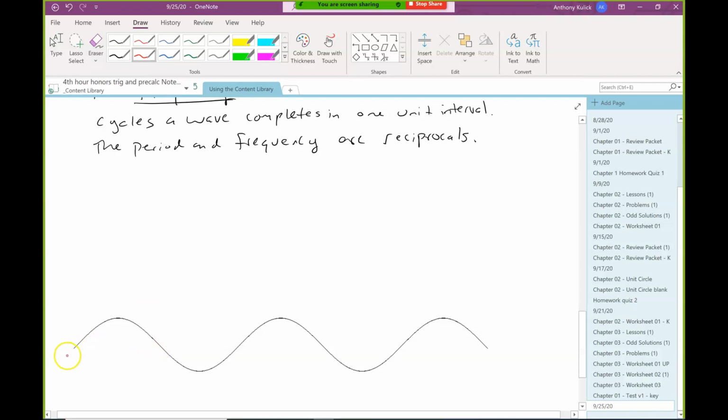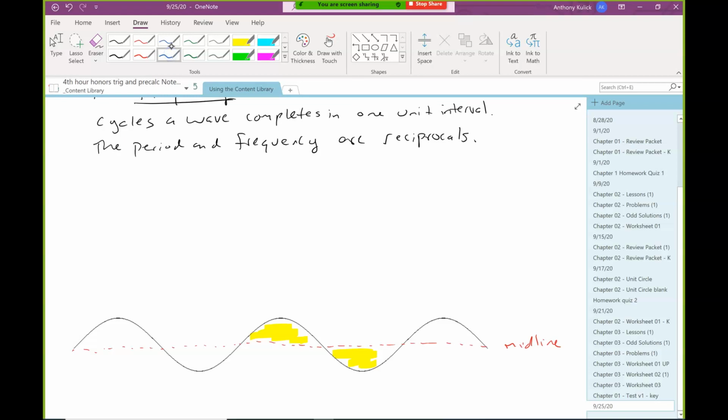It's hard to do this, especially on the tablet, right? That's maybe better. So this is our midline. If I look, I have as much of the graph above the midline as I do below. Does that make sense? Visually what I'm saying?